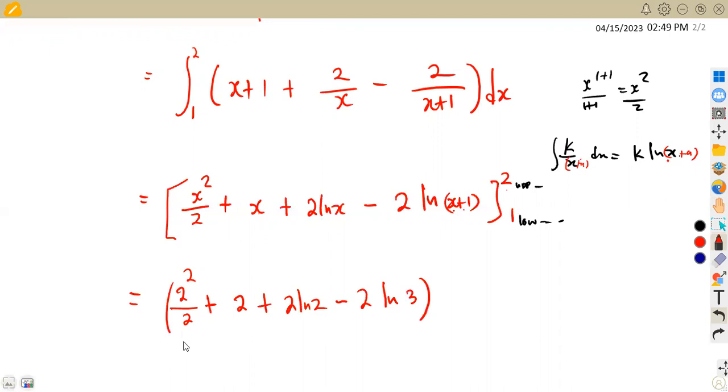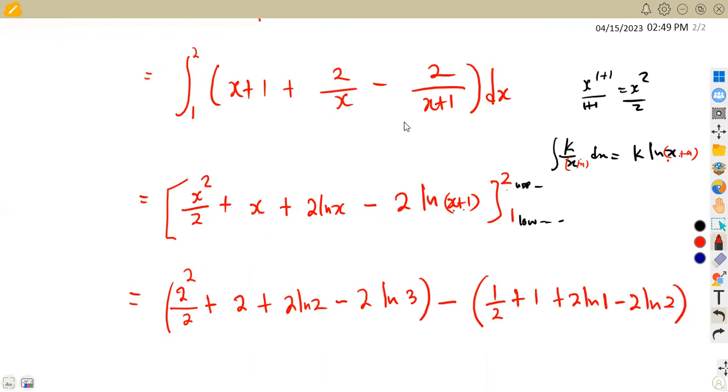So this is what you have for the upper limit, minus the lower limit when x is equal to 1. So that's 1 squared, which is 1 over 2, plus x, which is 1, plus 2 ln of 1, minus 2 ln of 1 plus 1, which is 2. So this is what you're going to have.